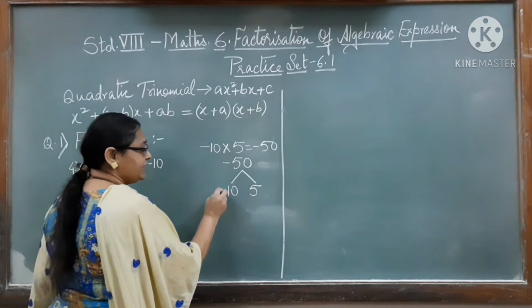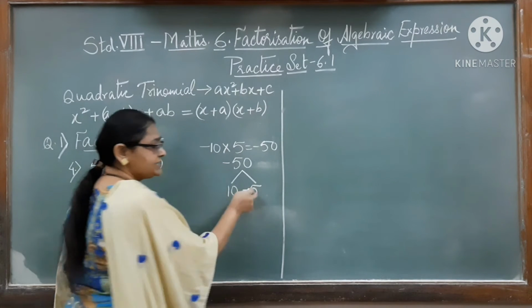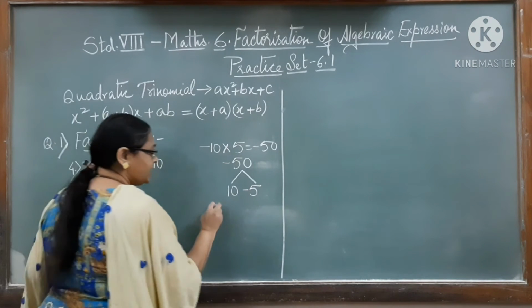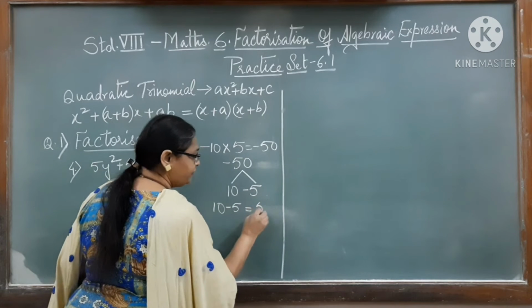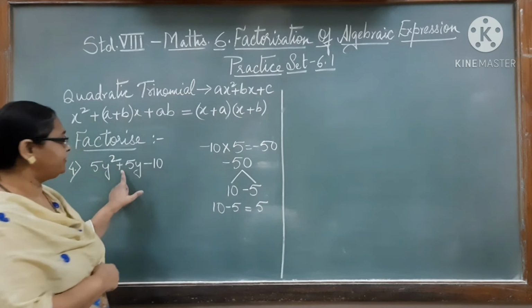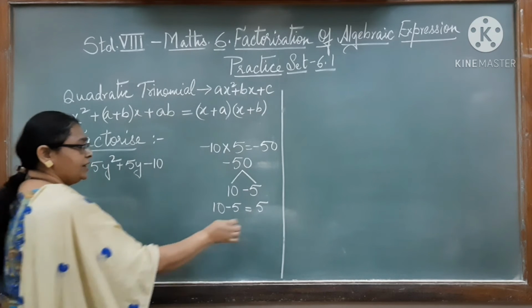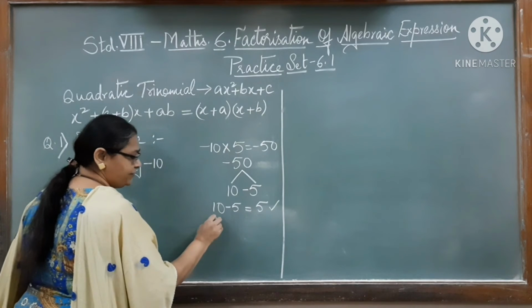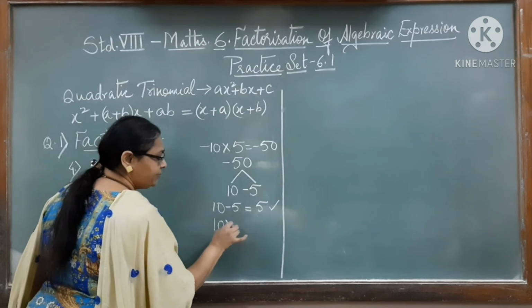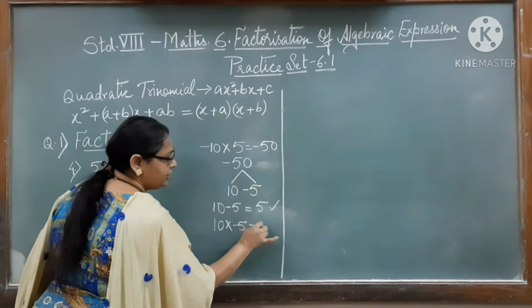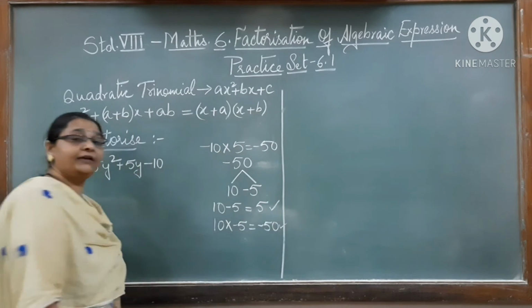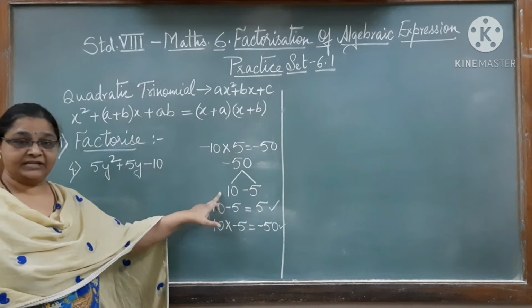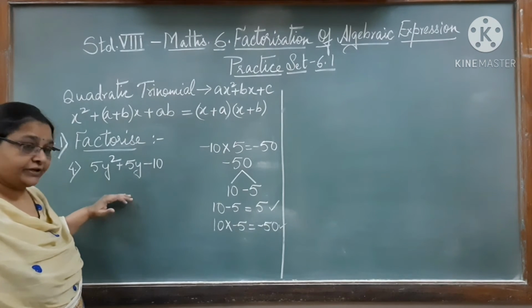So can I take plus 10 and minus 5? Then 10 minus 5 will be 5, so here it is plus 5, and I can get the middle term. This will be fine. In the same way, 10 multiplied by minus 5 will be minus 50. So in both ways, the factors which I have considered are perfect.